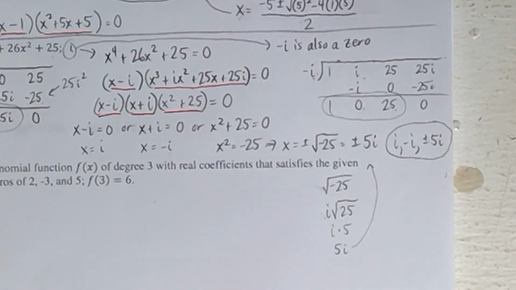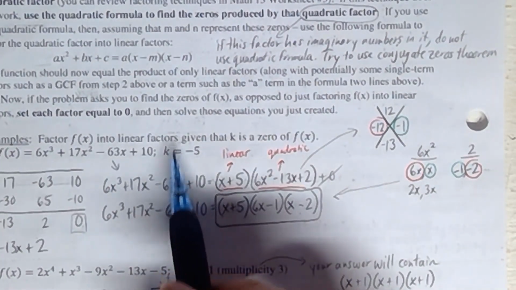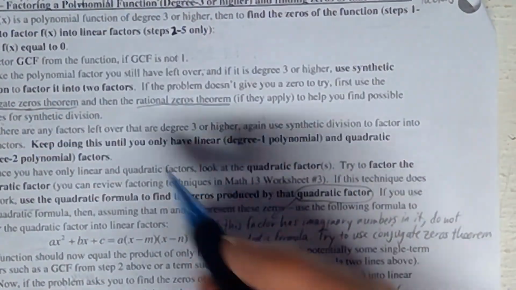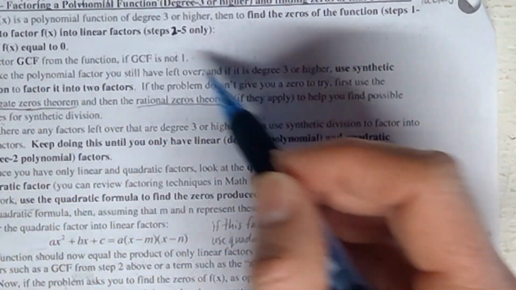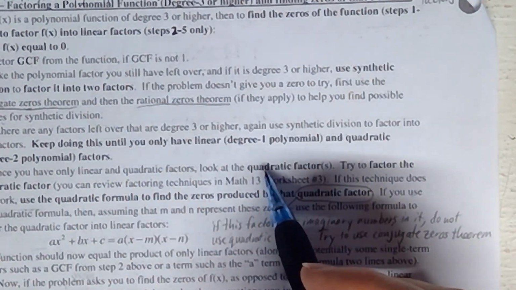All right, for number 6. So let's review here. When they ask us just to find linear factors for the function, you just need to do steps 2 through 5 right here. Use your steps to get down to linear and quadratic factors.